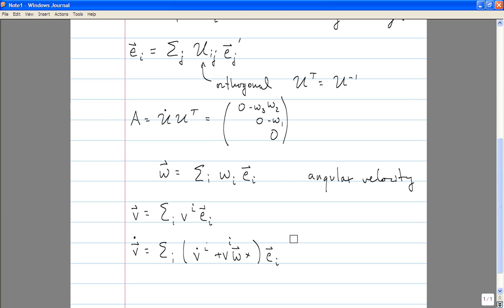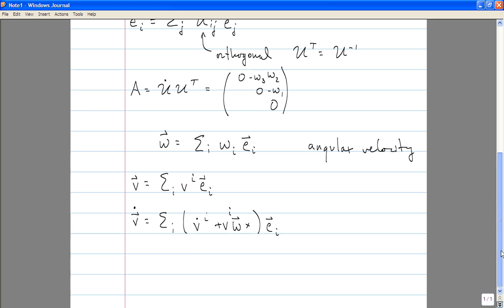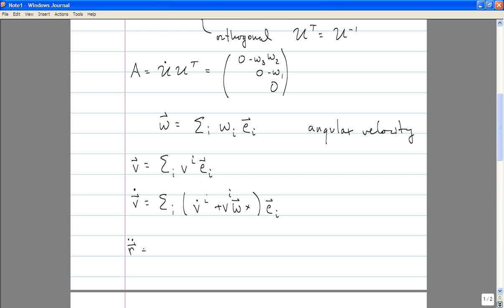So using this, we could, for example, compute the acceleration vector, which is the derivative of the velocity vector. And we saw that this was the sum of 4 terms.